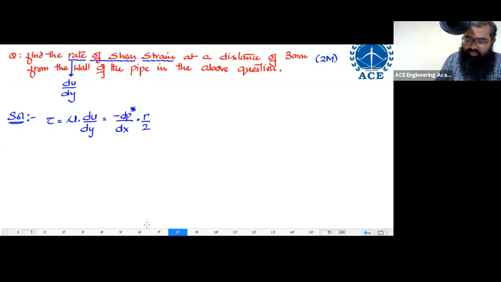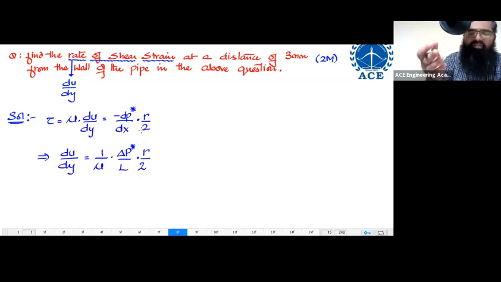This is what you are supposed to have. This implies the value of du upon dy is equal to 1 by mu into, now, can I write minus dp star by dx as delta p star divided by L, multiplied to r by 2. This is the value I'm going to use. Now, don't memorize this as a formula.